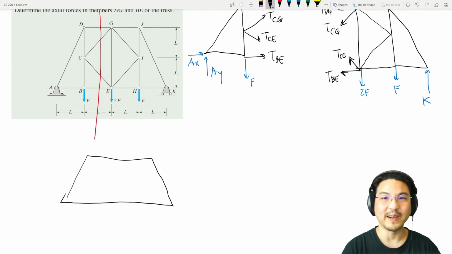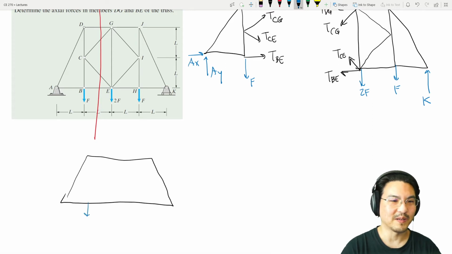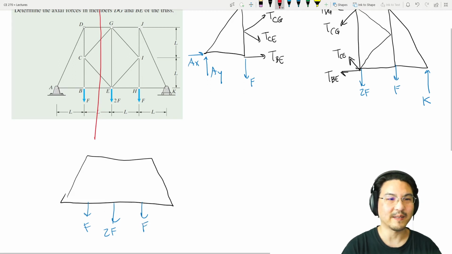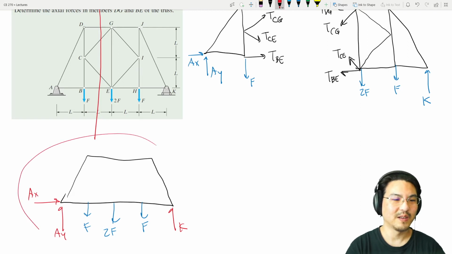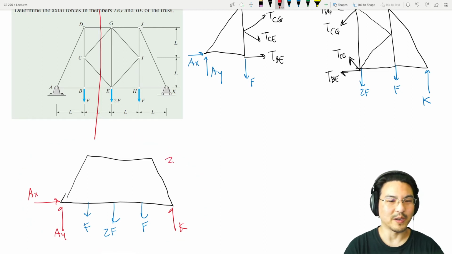and then for the entire structure, there are loads like this. And then there's a reaction at A and a reaction at the roller. Okay, so for the entire structure, you can write 3 equations to solve for these 3 unknowns.